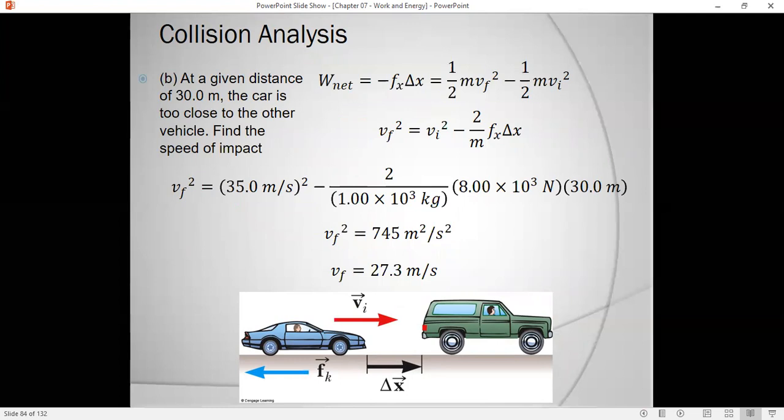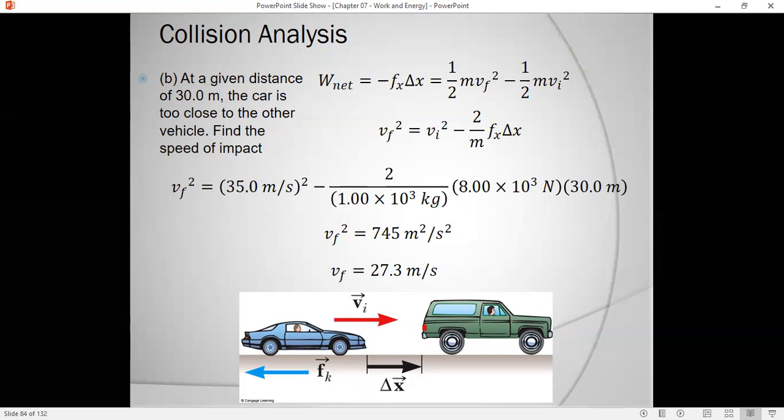Let's say I only have 30 meters to stop. How fast will I be traveling if I rear end the car in front of me? Doesn't sound very good because, again, if I need 76 meters to stop and I'm only afforded 30 meters, it doesn't sound like I'm going to change my speed very much. Let's go ahead and do this.